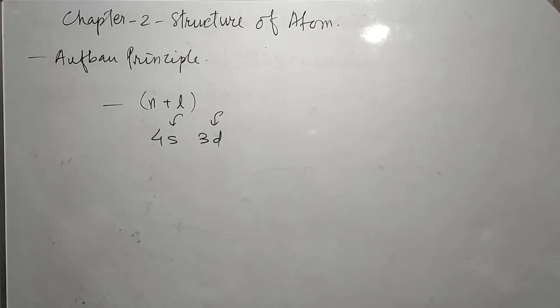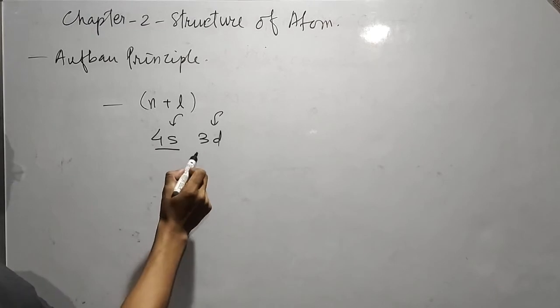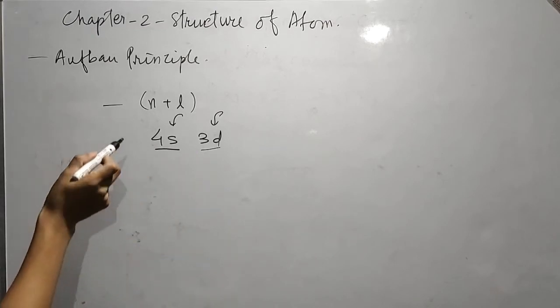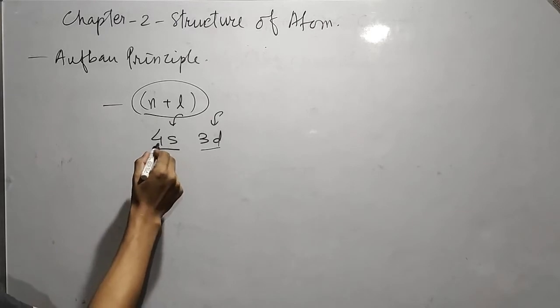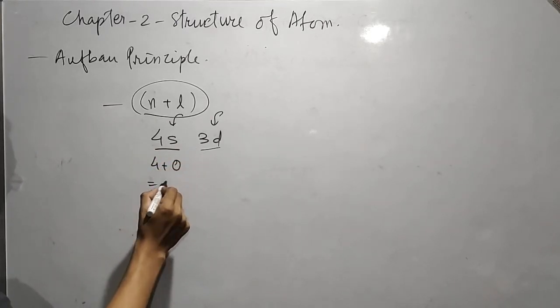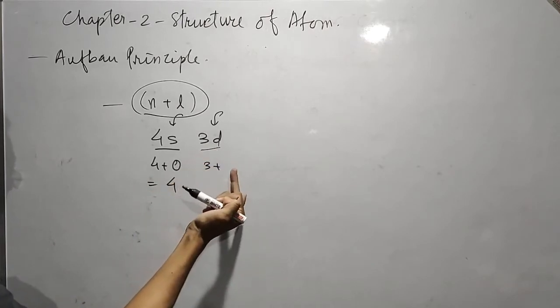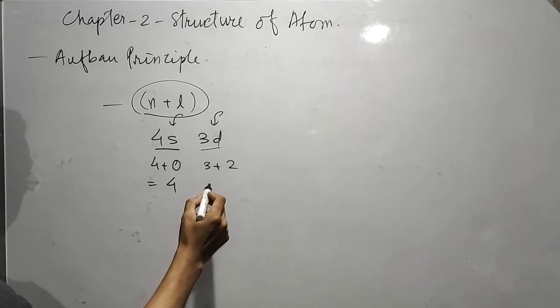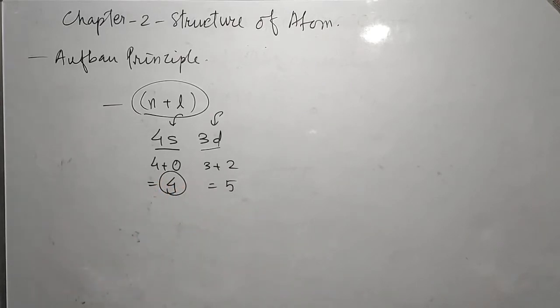In order to find out which orbital to fill first, we apply this rule. Here, for 4s, it is 4 plus 0 for s, which equals 4. For 3d, it is 3 plus 2 for d, so it is equal to 5. So 4 is less than 5, isn't it?